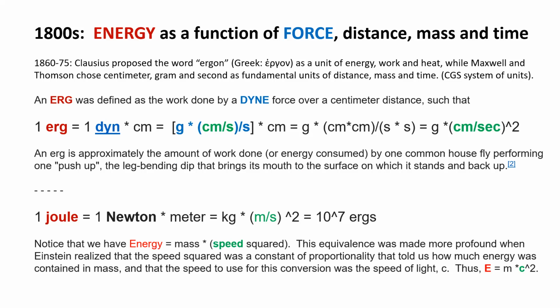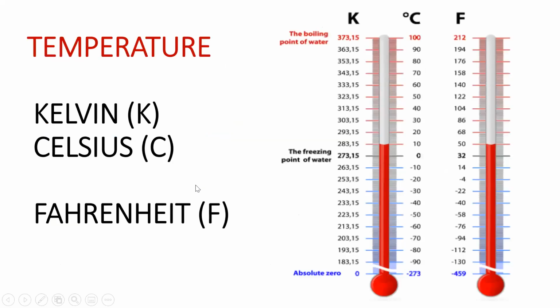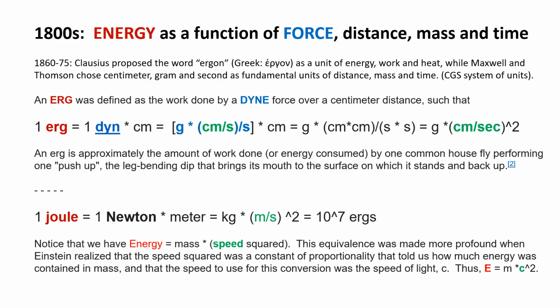So an erg was defined as a gram centimeter per second per second. So there you have a force through a distance. The idea of energy being a force exerted through a distance became the dimensions of the concept.